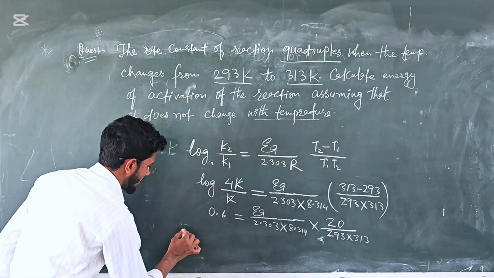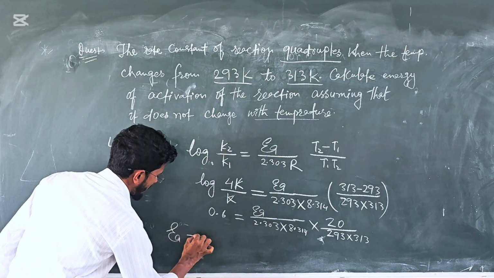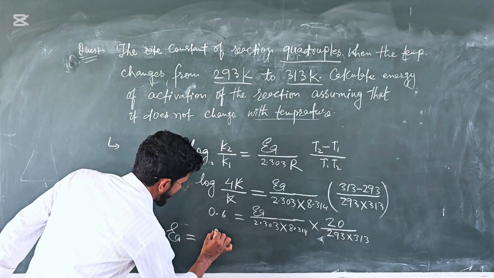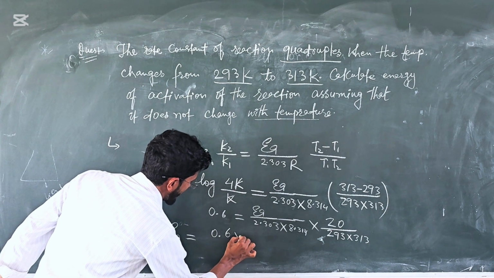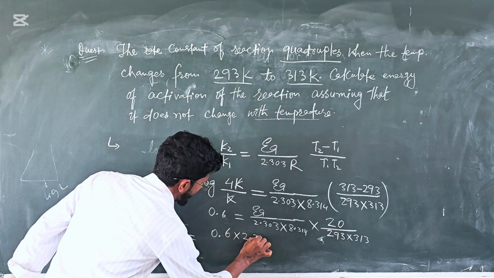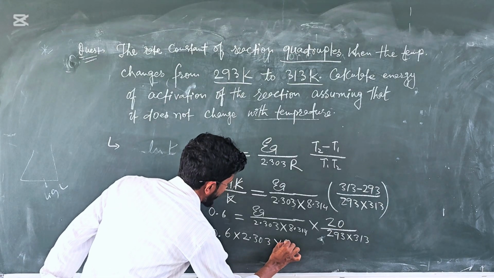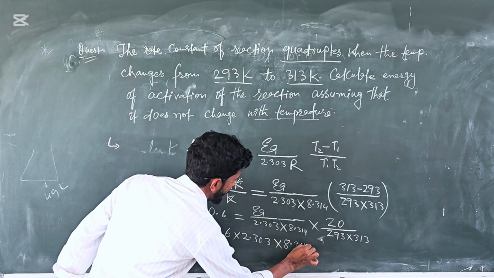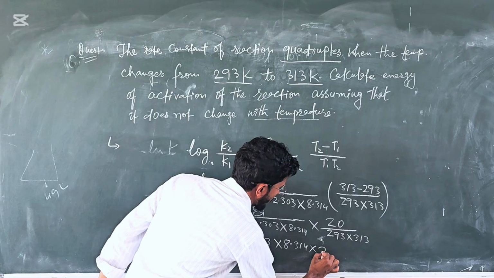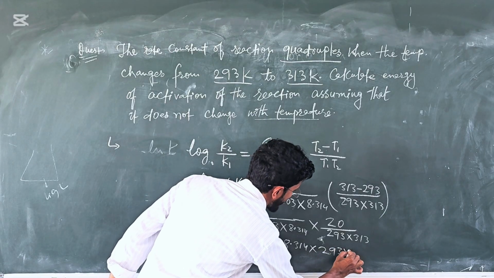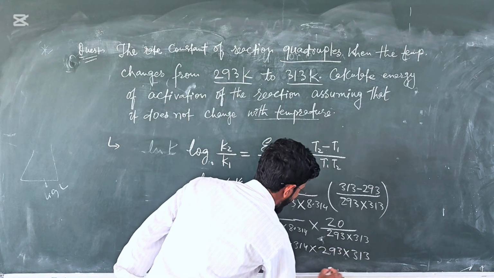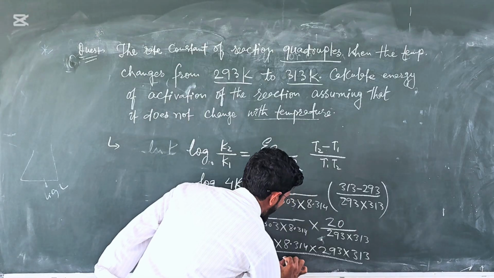Simply from here we get EA, the activation energy, is equal to 0.6 multiplied by 2.303 into 8.314 multiplied by 293 into 313 divided by 20.